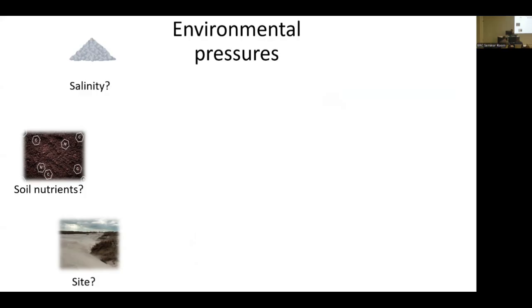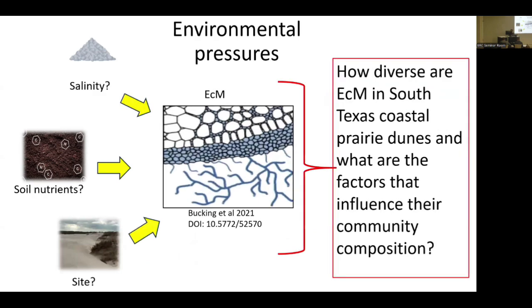And so despite all of this, and despite the importance, we know pretty little about ectomycorrhizae in the coastal dunes. A lot of the literature has been studying ectomycorrhizae in forested areas since the 1800s, but little is known about how they behave on the coasts.